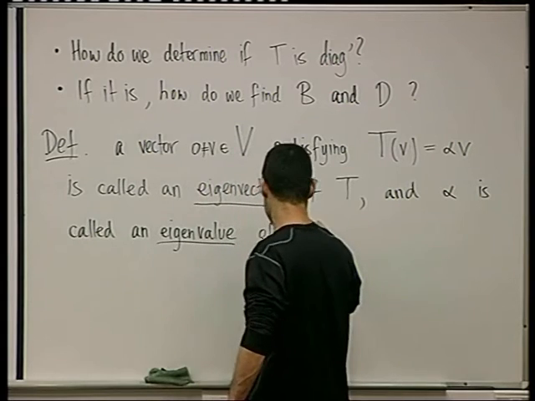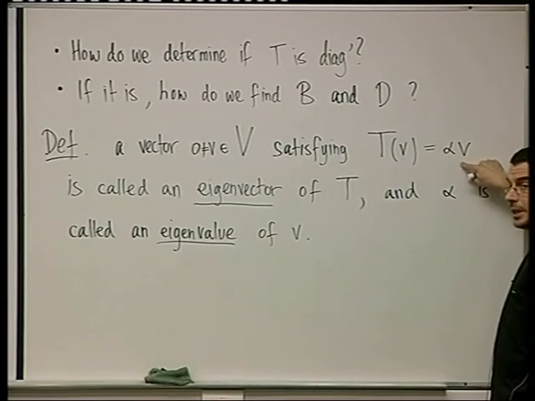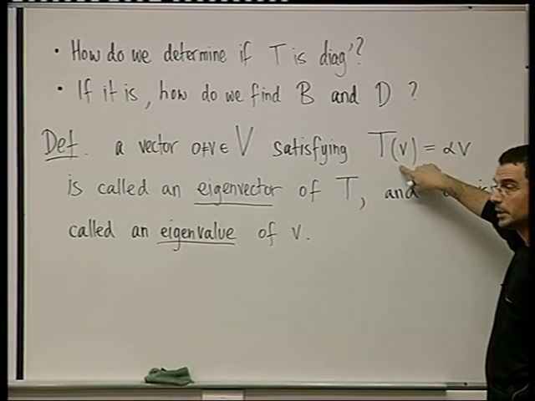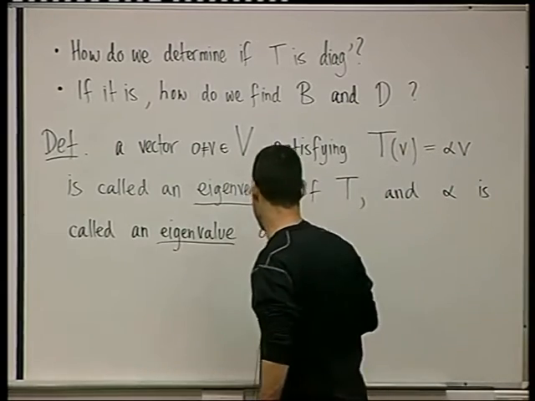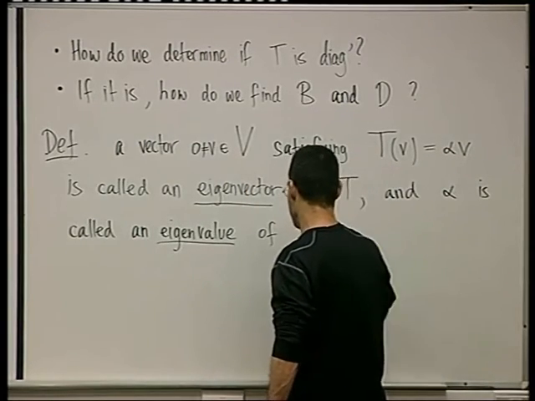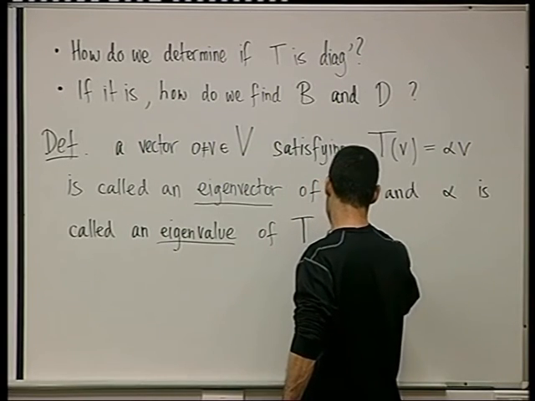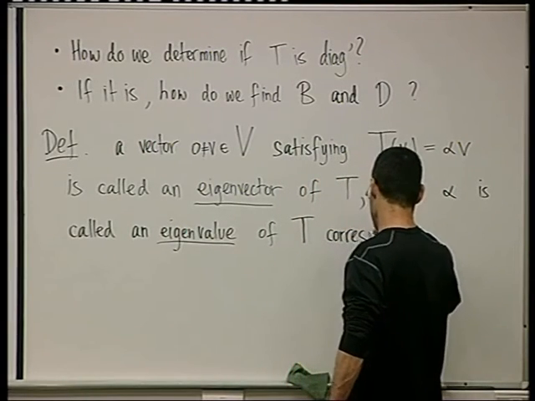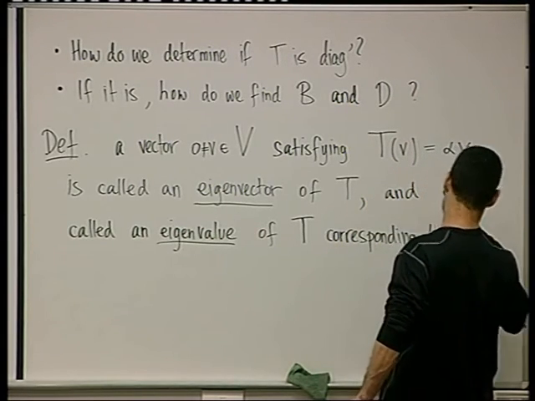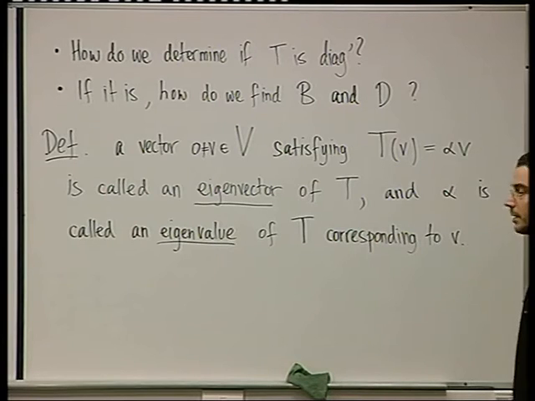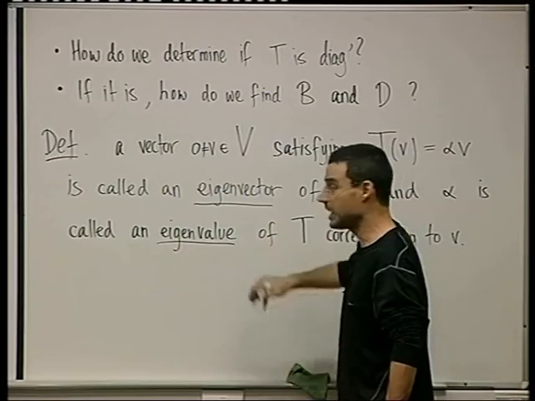Okay, alpha corresponds to this v, which corresponds to T. So that's not accurate. Let's be accurate: an eigenvalue of T corresponding to v. That's a better way of saying it. So that's the notion of an eigenvector and an eigenvalue.